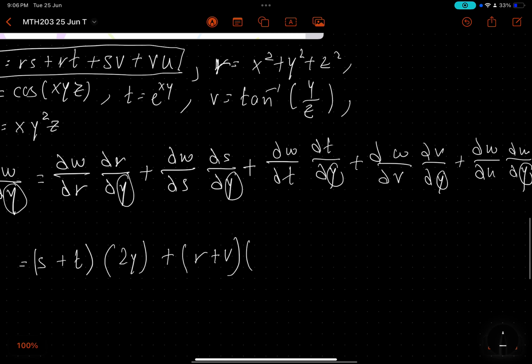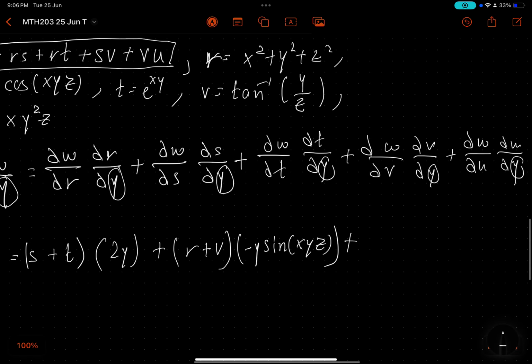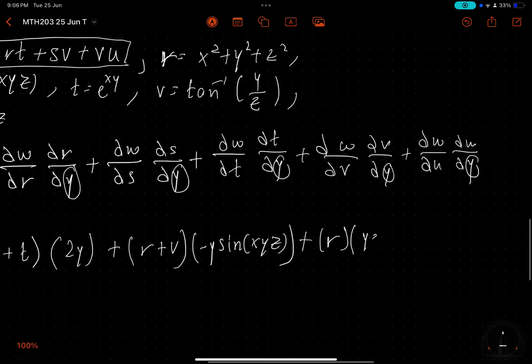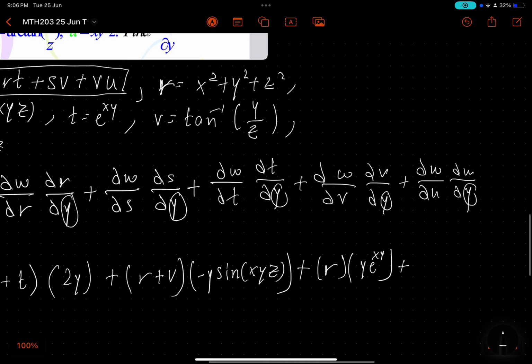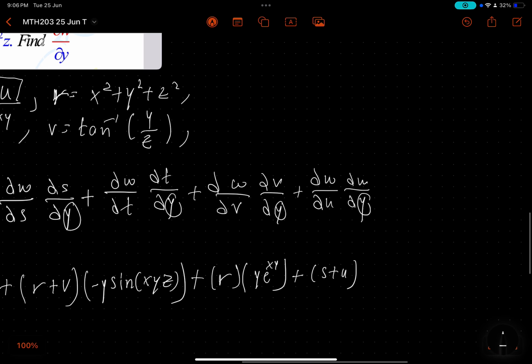It's just minus y sine of xyz, plus w with respect to t, r, times t with respect to y, e to the xy, plus w with respect to v, s plus u, times v with respect to y. v with respect to y is 1 plus y over z all squared, multiplied by 1 over z.